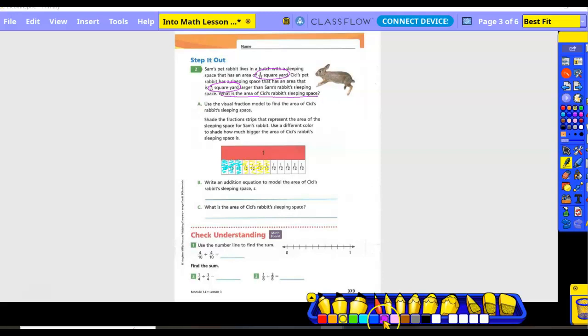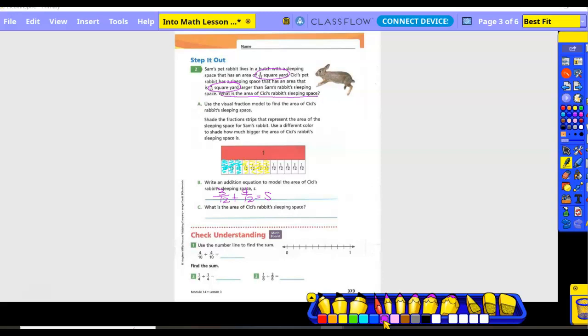So they want us to write an addition equation to model that and then have the unknown variable labeled as S, right? So what is our equation going to be? 3/12 plus 4/12 equals S, right?